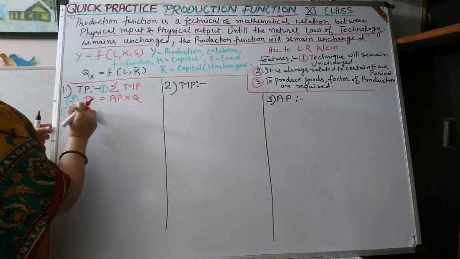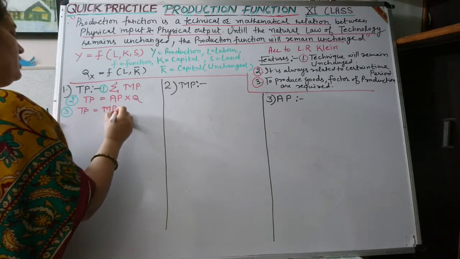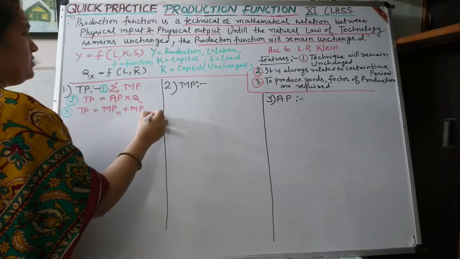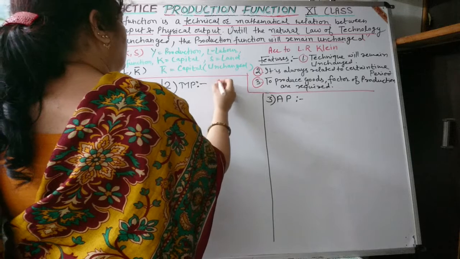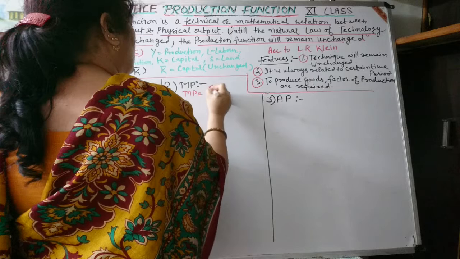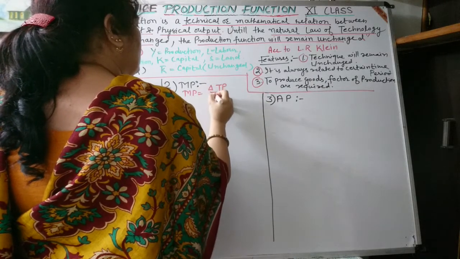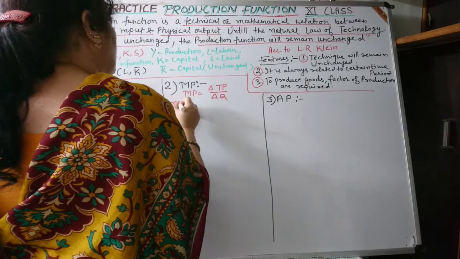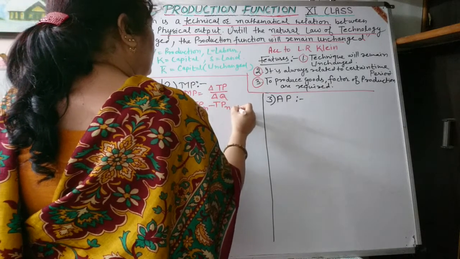Number 3, total production is equal to marginal production up to n units plus marginal production up to n plus 1. Here marginal production MP is equal to change in total production divided by change in quantity, or marginal production is equal to total production up to n units minus total production up to n minus 1.